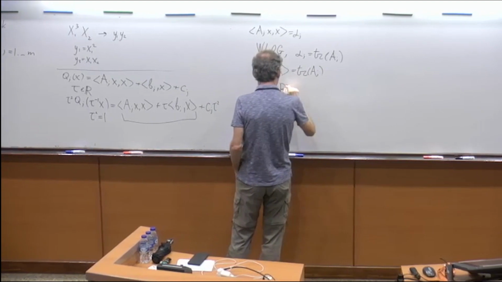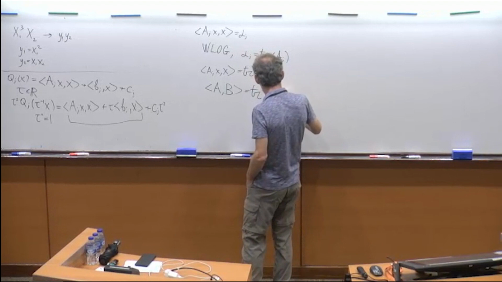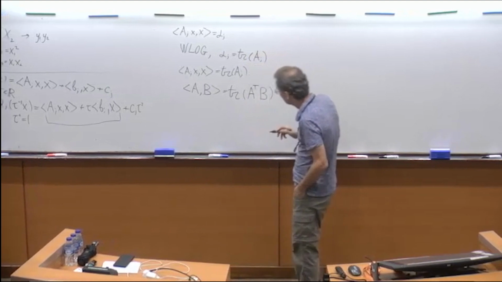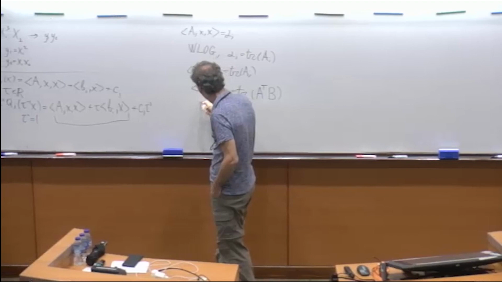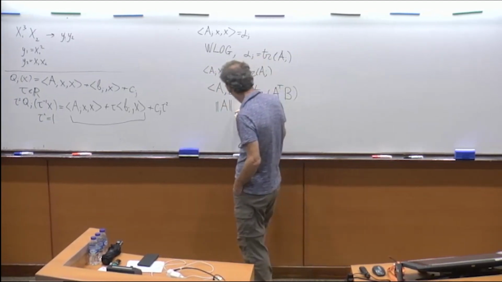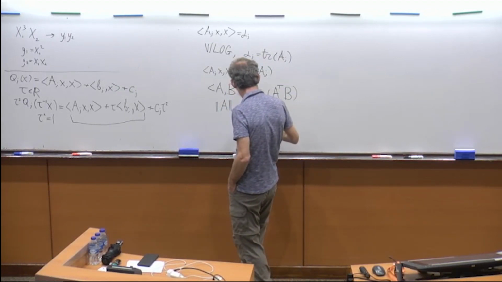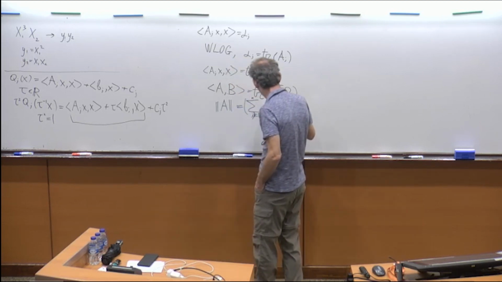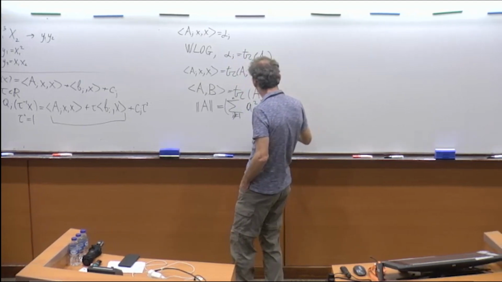A times B is the trace of A transpose B. In particular, if you take a norm with respect to this inner product, this is going to be the square root of the sum of the squares of the entries.